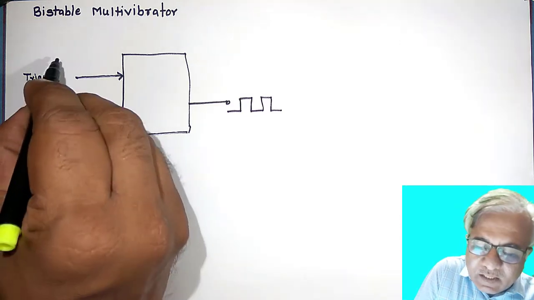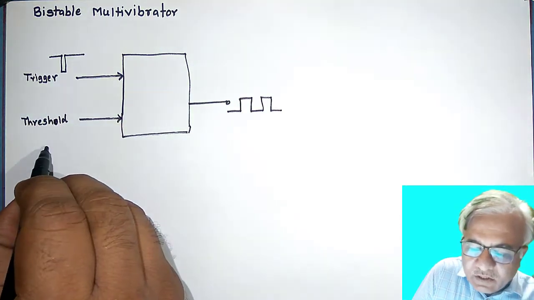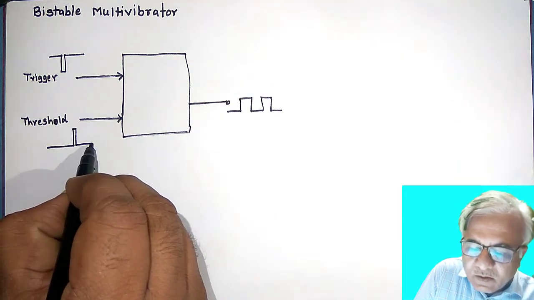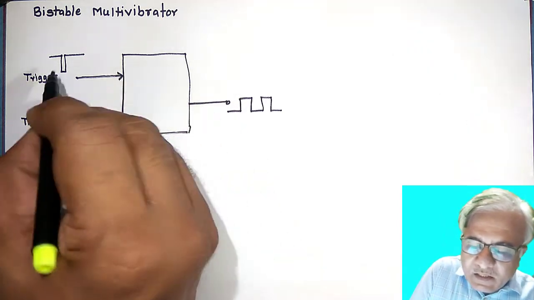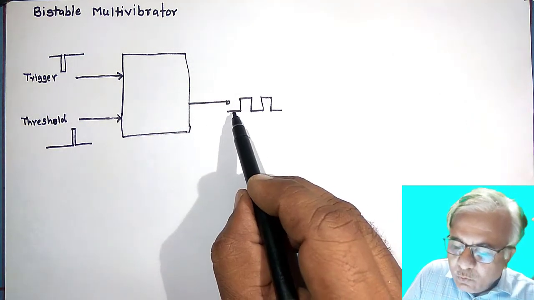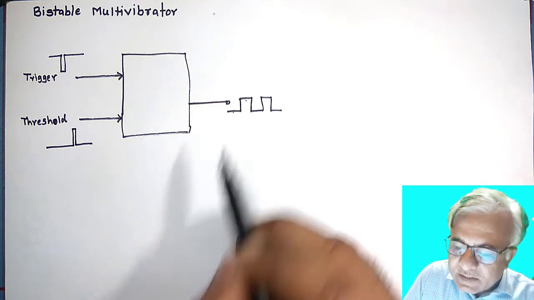This trigger input signal is like this, and the threshold input signal is like this. Hence, on the arrival of the triggering signal, output will change its state from one stable state to the other stable state.